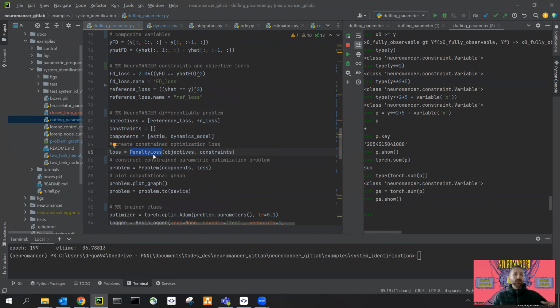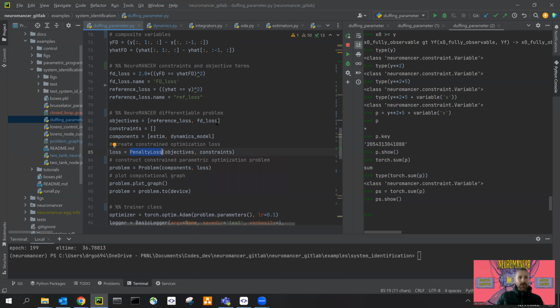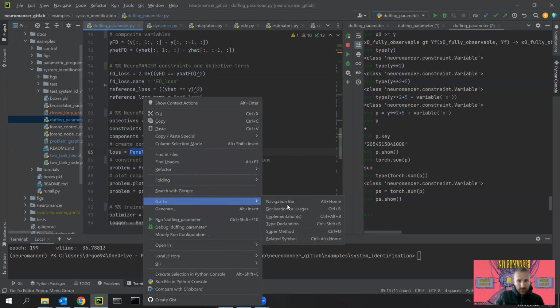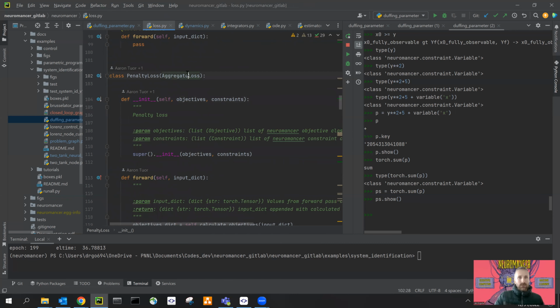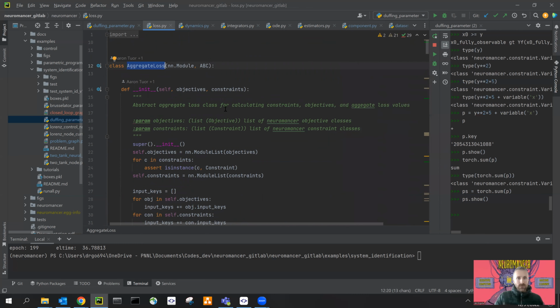So if you want to see behind the scenes, you would go to the loss.py and check different types of aggregators we have there. So it's all defined by the abstract class aggregate loss that calculates your scalar valued loss function that will be actually used for training, depending on different constraints, objectives, terms that you define.